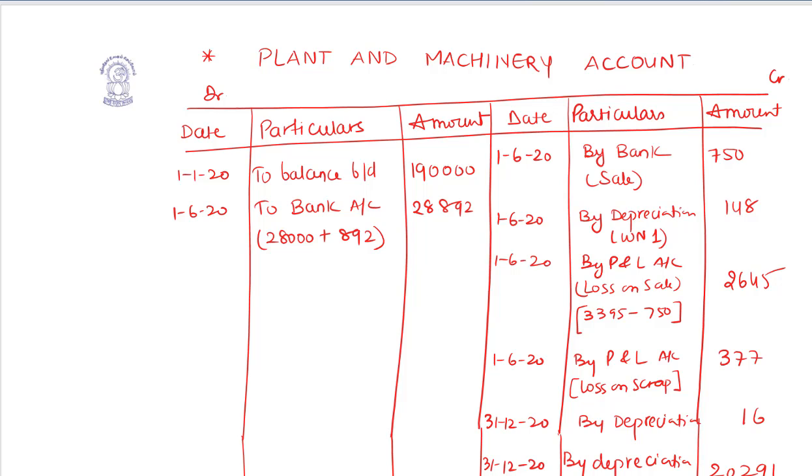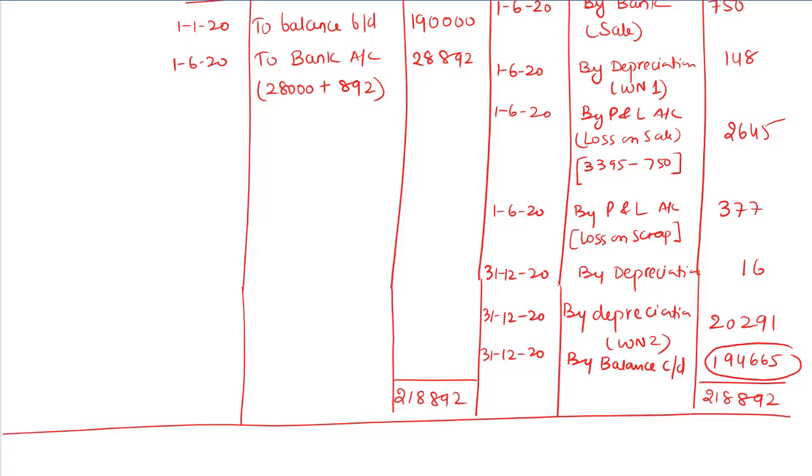A new machinery is purchased for 28,000 and erection charges of 892 incurred, that leads to 28,892. Then we have sold a machine for 750. The depreciation was 148 and the loss on sale was 2645. We have transferred the loss to profit and loss account. Then we have charged the depreciation for another machine, that was 16.